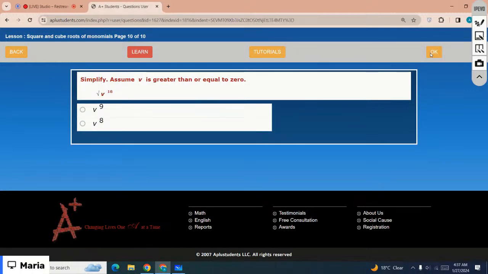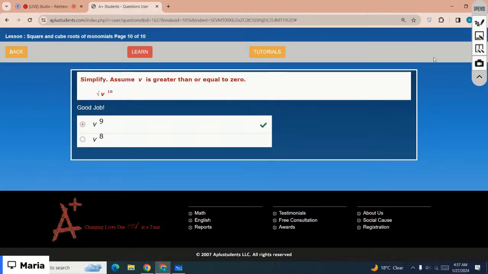Simplify square root of v exponent 18, which is the correct option? Yes, that is v exponent 9.